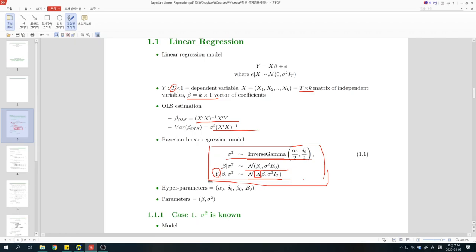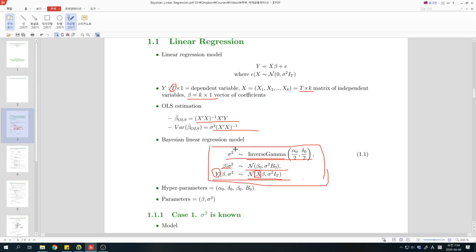Please look at here. If you look at y given beta and sigma square, you see no beta 0, no b 0, alpha 0, delta 0 here. Again, here are alpha 0, delta 0, beta 0, and b 0. But also sigma square follows this inverse gamma. I don't put the conditioning sigma square given alpha 0 and delta 0, right?